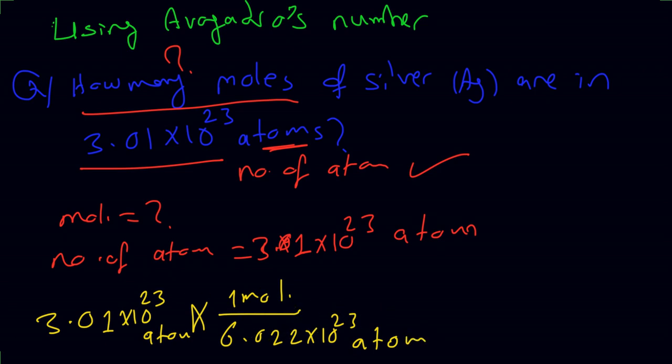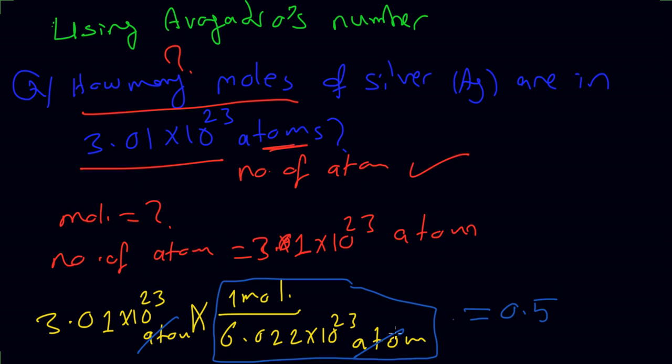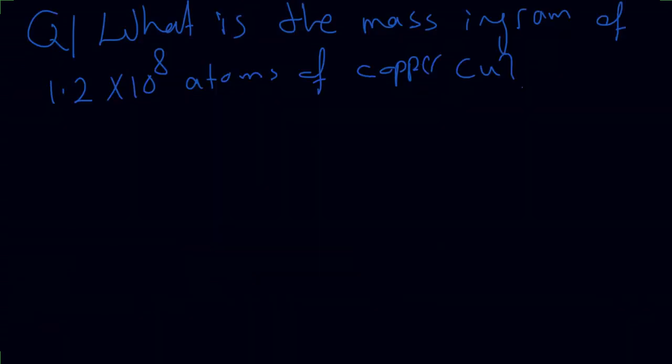You have to know this, and you will use here. Why? Because number of atom is given, number of atom and number of atom are gone. So 3.01 divided by this number is equal to 0.5. 23 and 23 cancelled out to 0.5 mole of Ag.